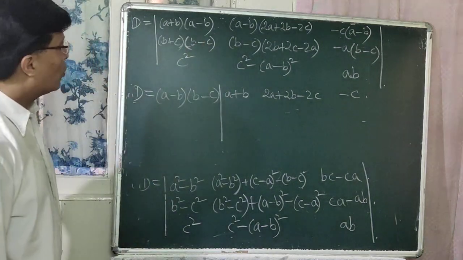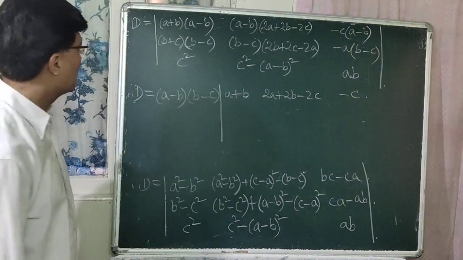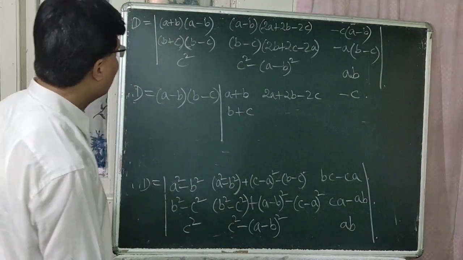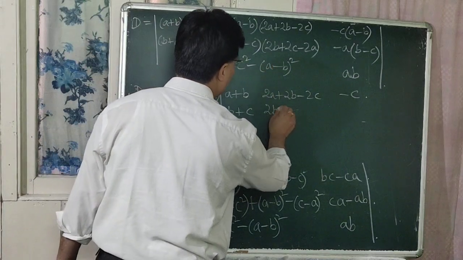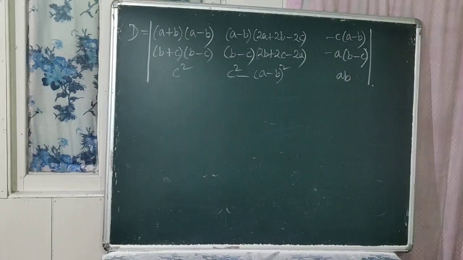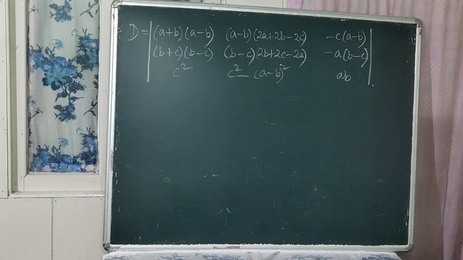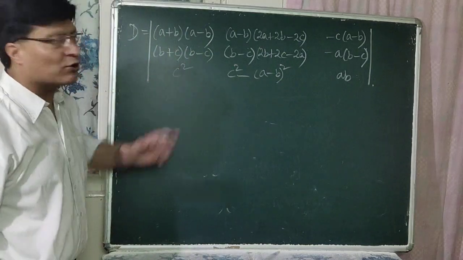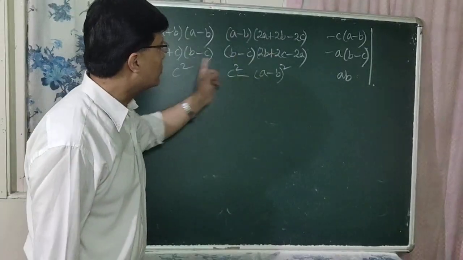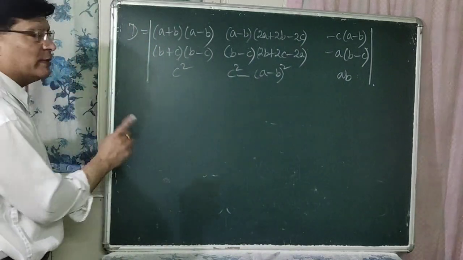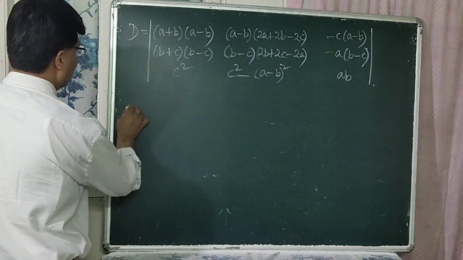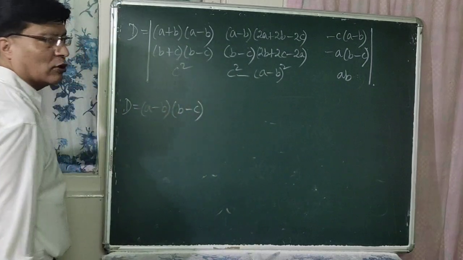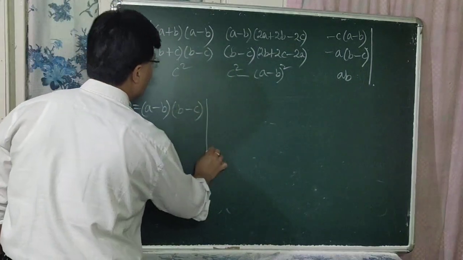So, what are the remaining terms in the second row now? You will get b plus c. It is b plus c, right? Next, 2b plus 2c minus 2a. So here you can take common, isn't it? From the first row and from the second row you can take common a minus b and b minus c. Let us take it outside. Therefore, D is equal to a minus b into b minus c is taken common, right? So what is the first row now?